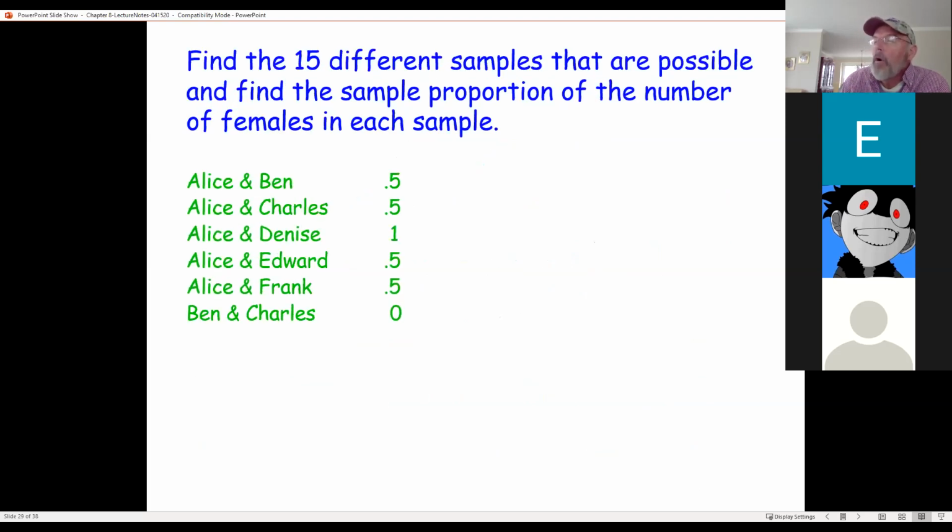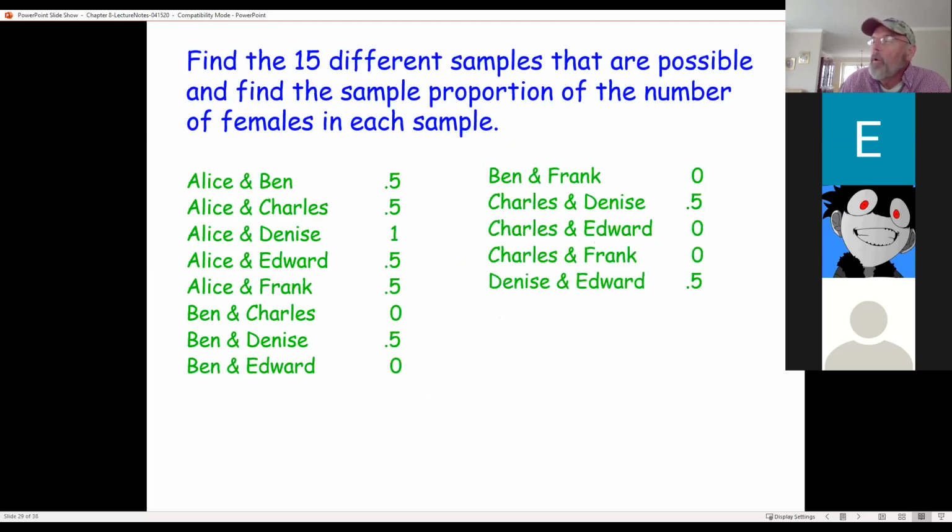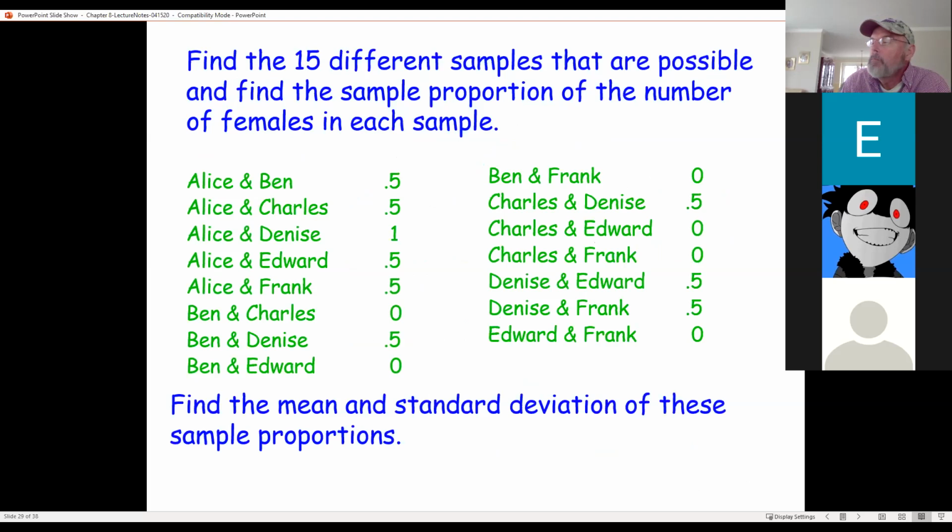These are all the possibilities. Alice and Denise will give us 1. Alice and Ben will give us a proportion of females of 0.5. Ben and Charles don't have any females in that sample, so that's 0.